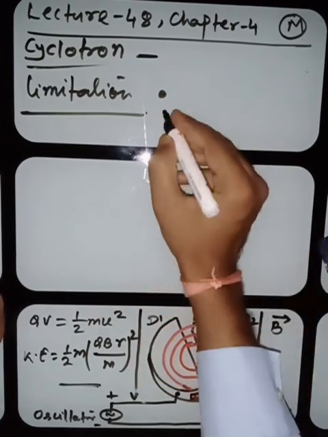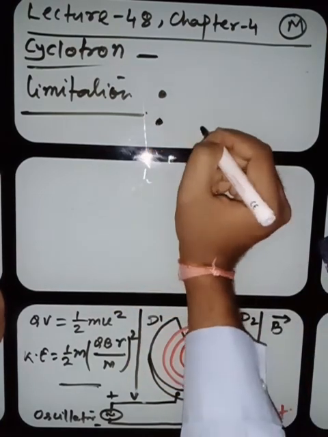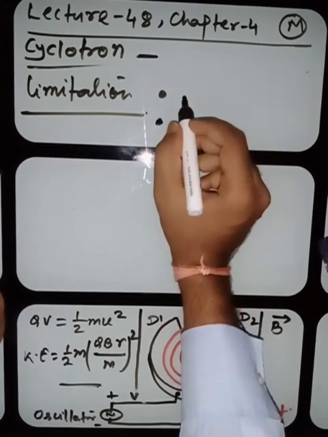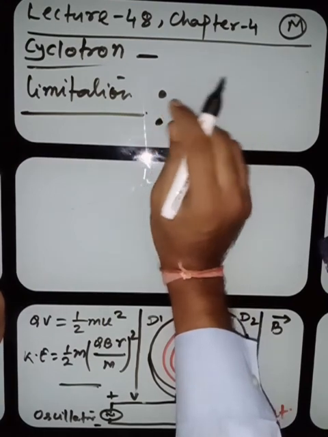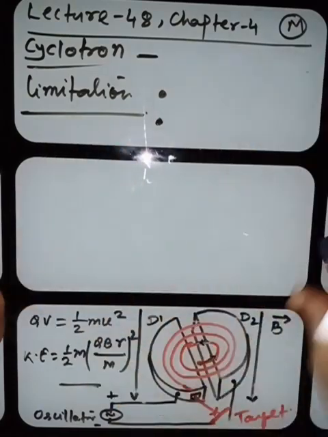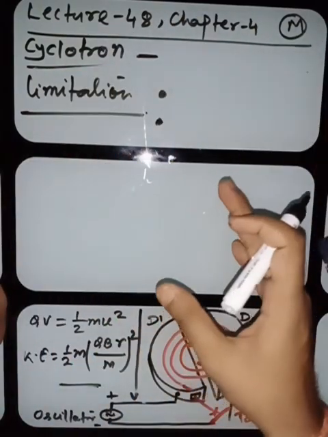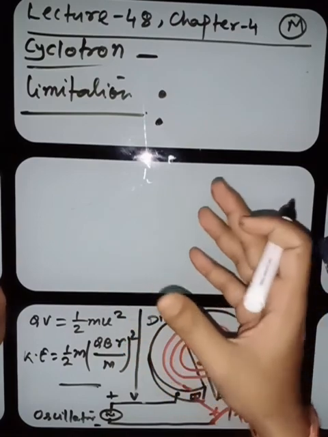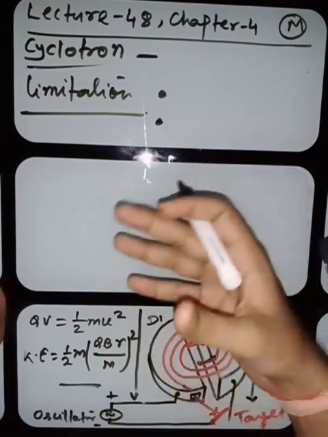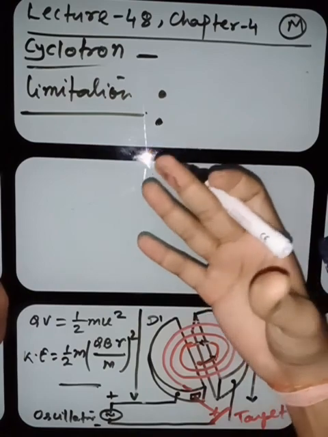So the second limitation is that mass will vary. What was the first? It is very difficult to maintain a uniform magnetic field over the large space of the D's. Then the second one: if the circulating charged particle acquires very high speed, then mass will vary.